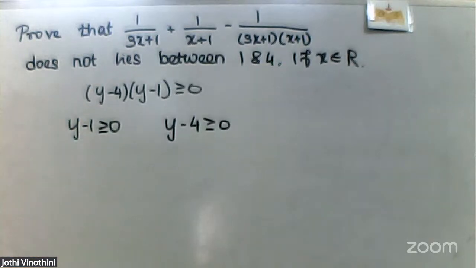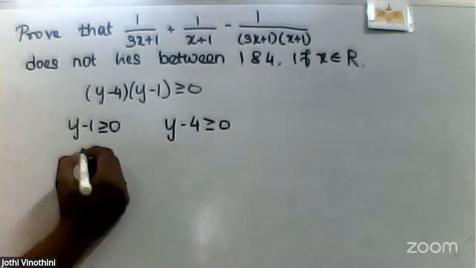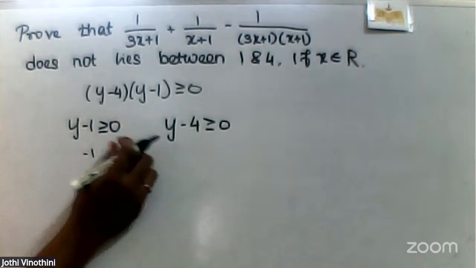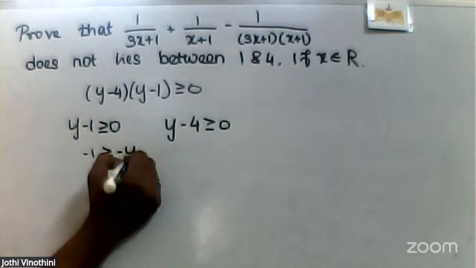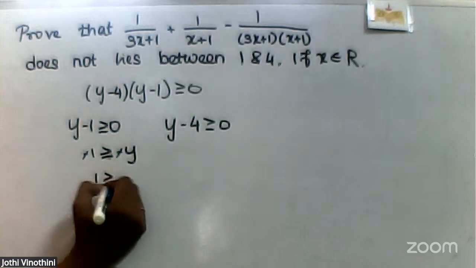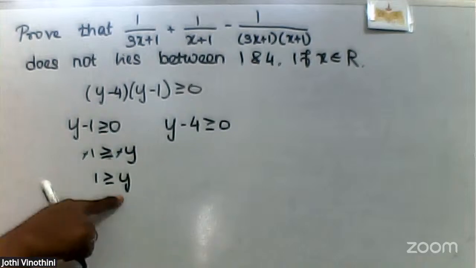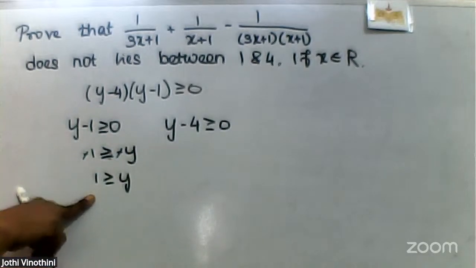Think if there are any other methods to solve this. Okay. So what I am going to do now is move this y to this side, so it becomes minus y. So what we find is y must be less than 1.